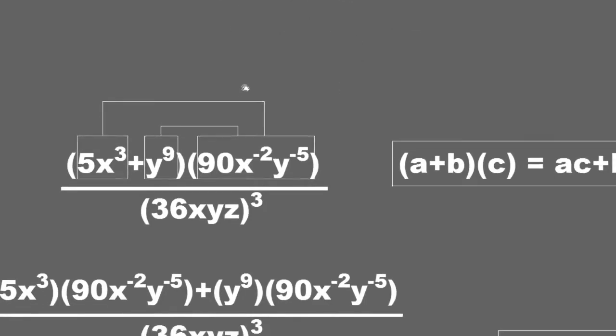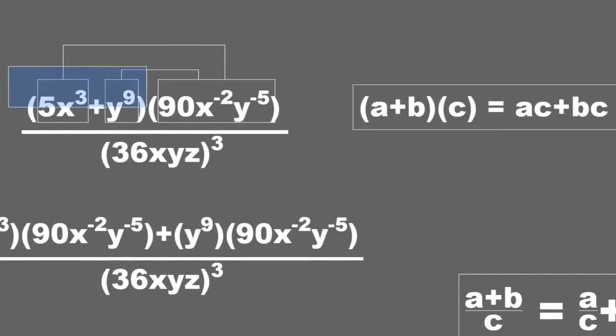Well, if you look at the numerator, the top of the expression, and the distributive property, you can see that I have two expressions that are being added together, and all of that multiplied by a second expression, which is the one here inside of the rectangle.